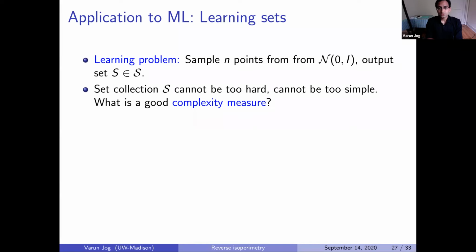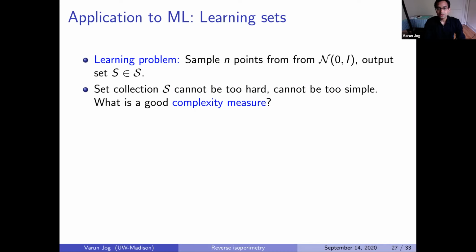So you want to, of course, find the minimum number of questions you need to ask to learn that set. Now you need to define this problem well. You have to figure out what is the class of sets that you're allowed to have. Because if you allow all possible measurable sets, then you will never be able to find it, no matter how many questions you ask.